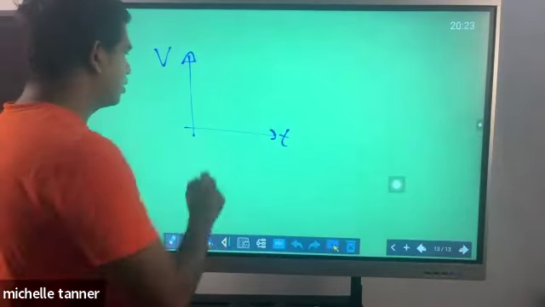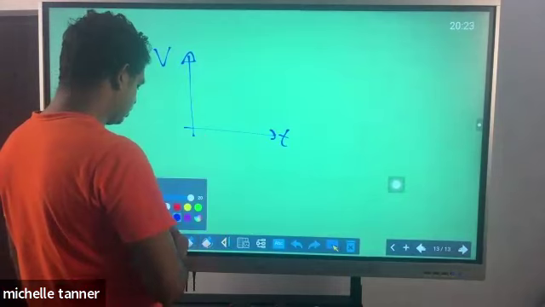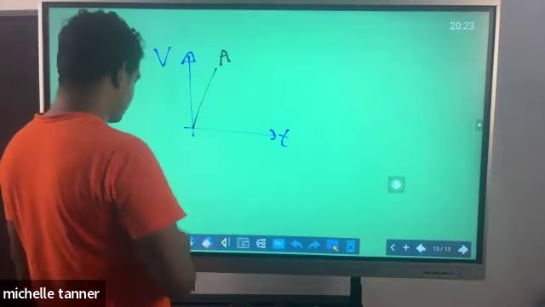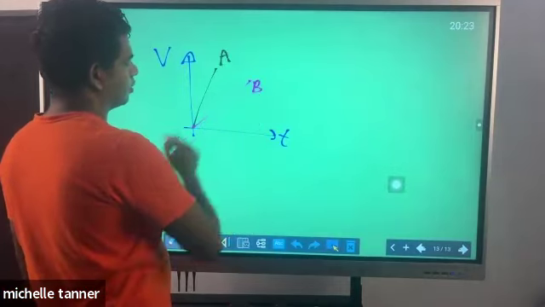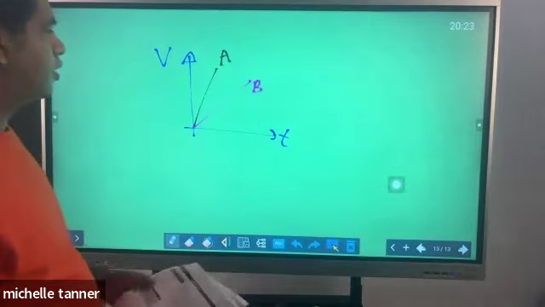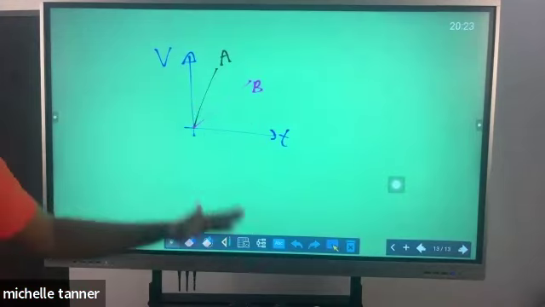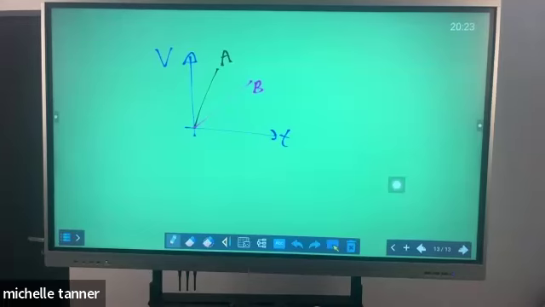Velocity-time graphs. Now there are two lines. A, the second one is B. Now think and write down about A and B. What are the differences in the A and B graphs?